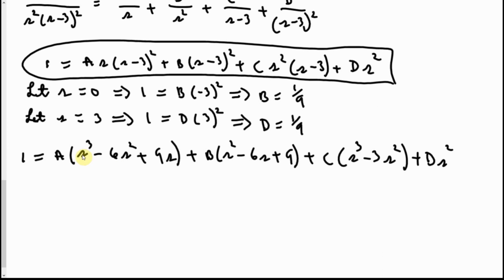There's no s cubed on the left side, so I get 0 equal to A times s cubed plus C times s cubed. You don't even have to write s cubed because you just divide that out. So all you have is 0 equals A plus C.